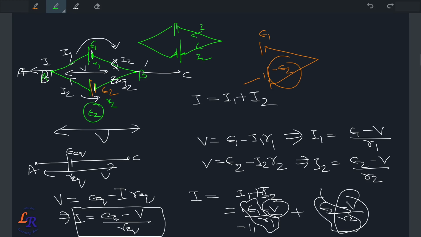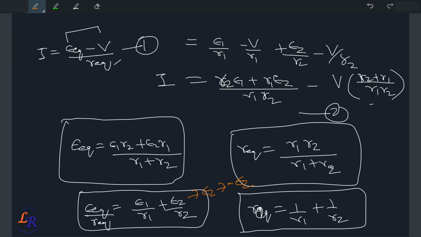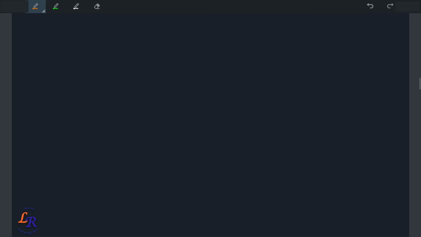So here, if it is epsilon 2, then here it would be minus epsilon 2, right? And your equation will be modified accordingly. So this you should keep in mind and remember when you are solving this kind of equation. The similar concept you can generalize for the parallel.